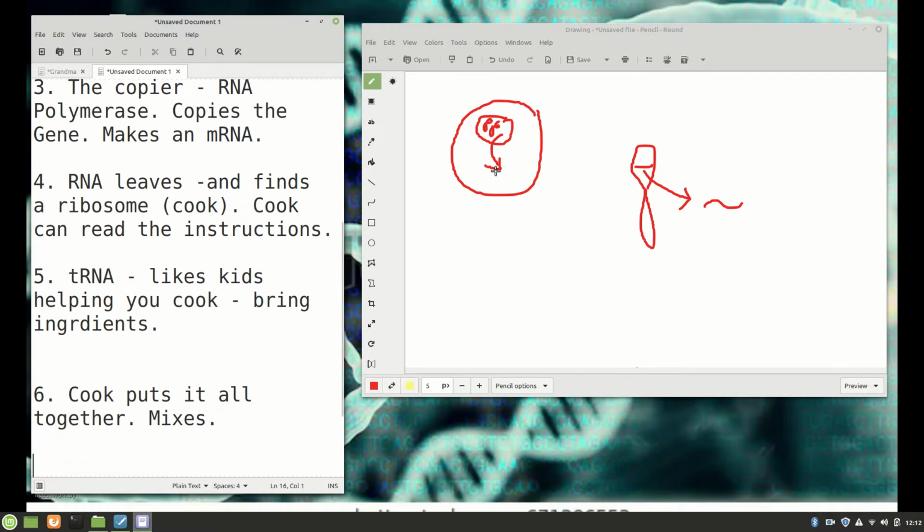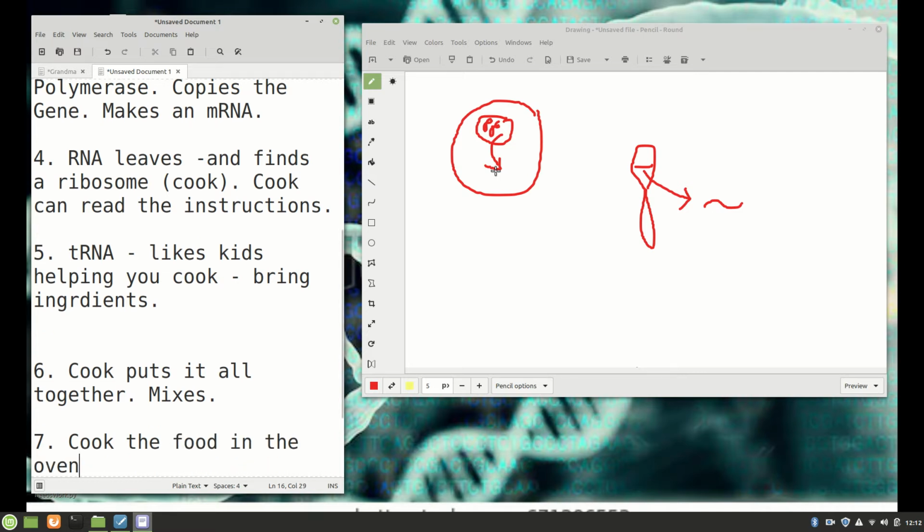That's essentially the same thing as assembling your protein. Now the protein has to fold, and our equivalent of folding is that you now cook the food in the oven. The cooking is the equivalent of the protein folding into the right shape.